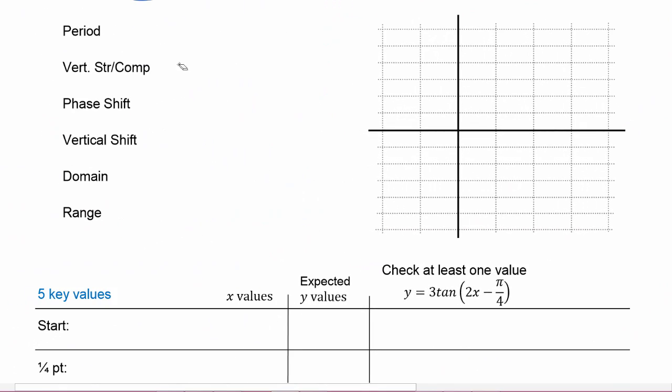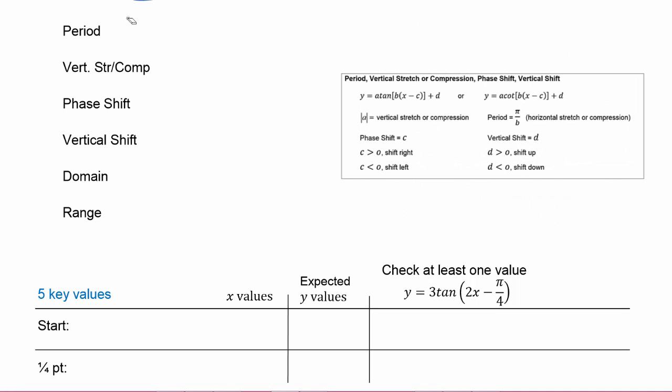Next, we'll want to find all these attributes about the graph, and in order to do that, we want to write the function in the standard form. So let's take this and go ahead and factor out the 2. So we're going to get 3 times the tangent of 2 times the quantity x minus.